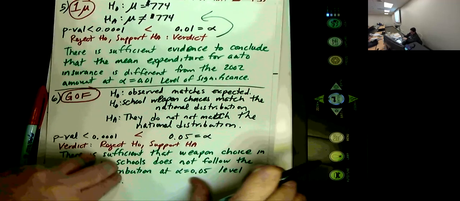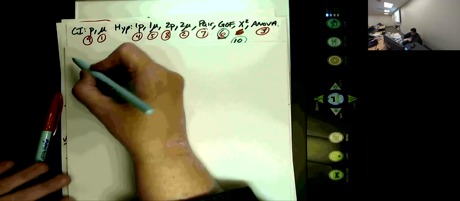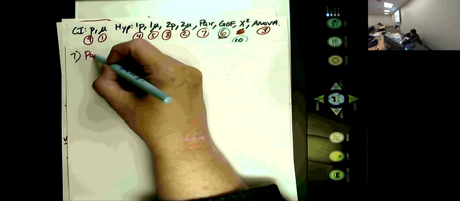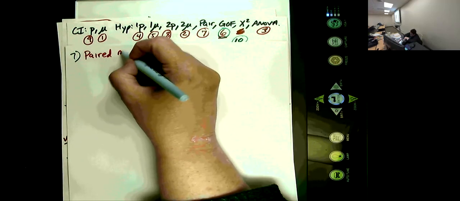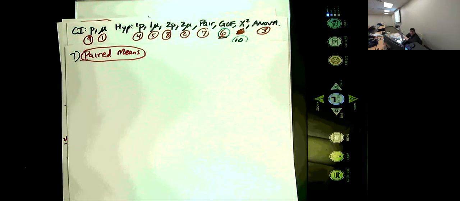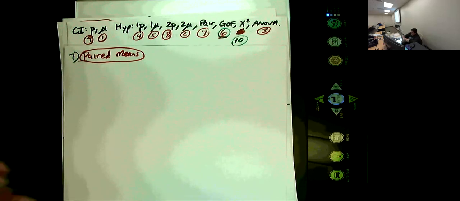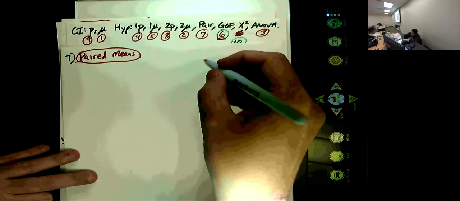All right, number 7. Number 7 is listed as our paired test. So I have a before and I have an after.